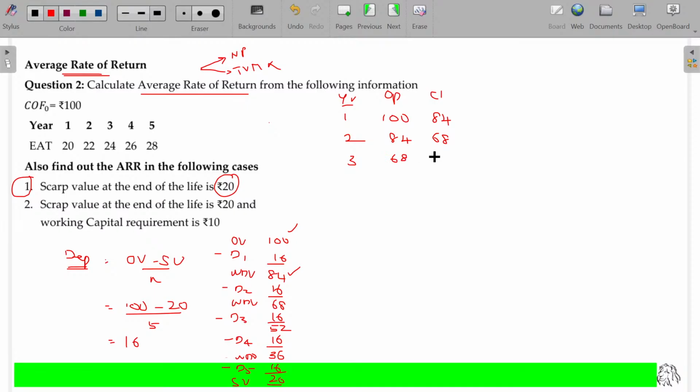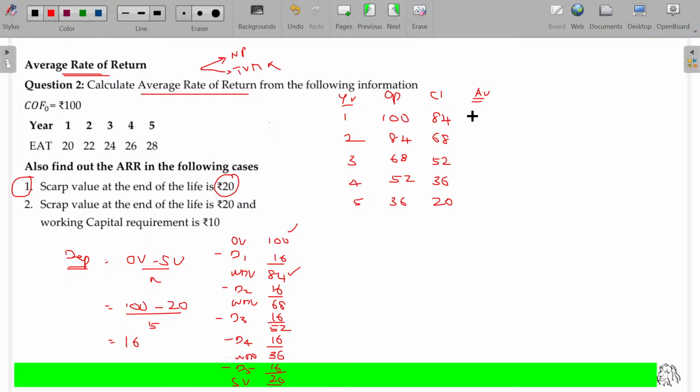In the year end, after the depreciation, it becomes 52. And fourth year, in the year beginning 52, and year end, it becomes 36. And fifth year, we started with 36 and ended with 20. Now, what about the average for every year?